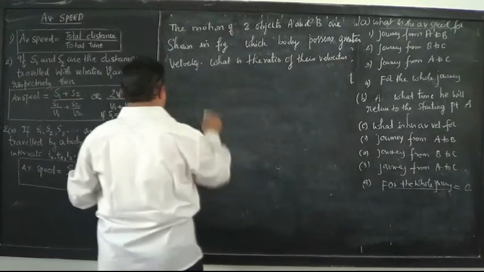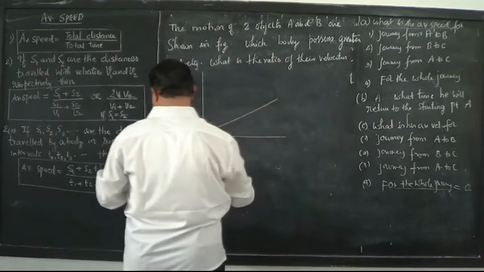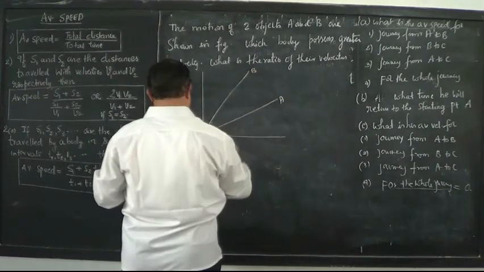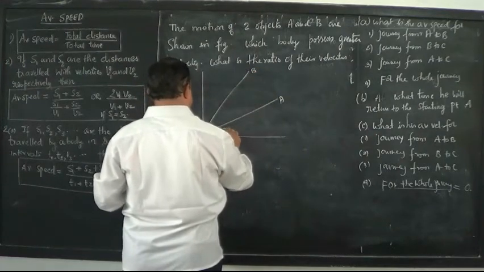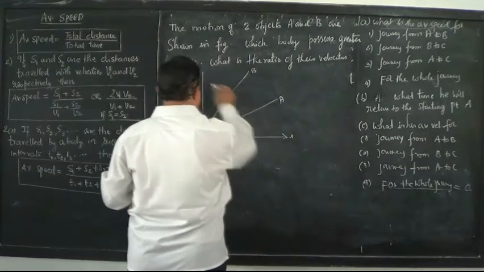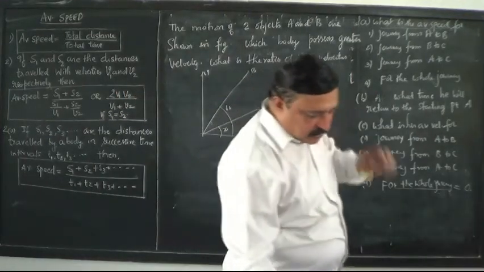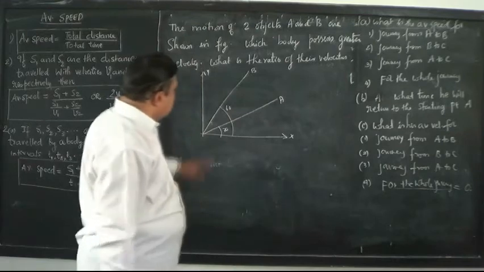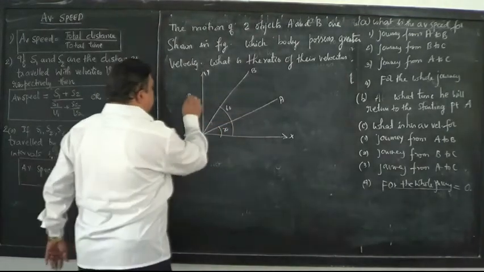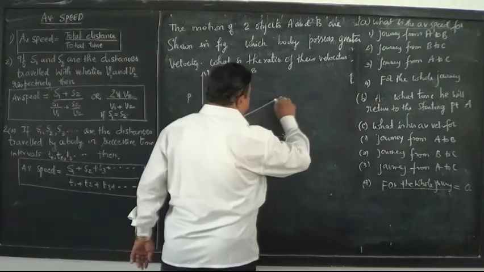Now let's first write out the graph given in the figure. This is the graph of object A and object B. Object A makes 30 degrees with the x-axis, object B makes 60 degrees with the x-axis. You know that the slope of the position-time graph represents the value of the velocity.